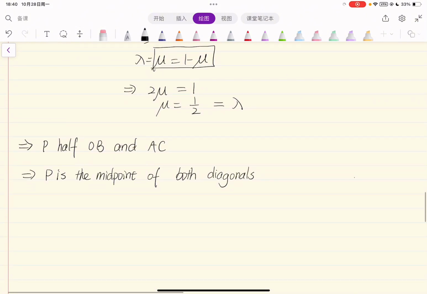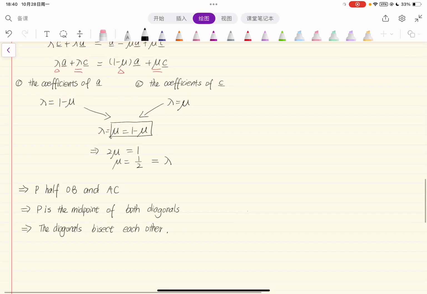So we can conclude that the diagonals intersect each other. So we've done the proof.